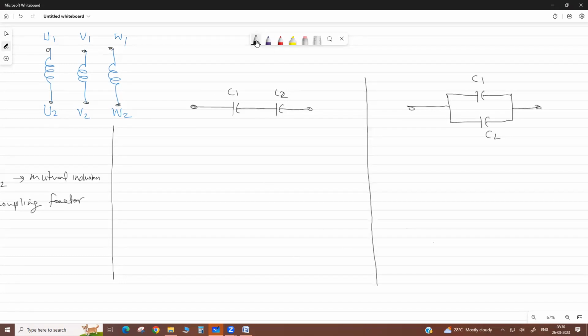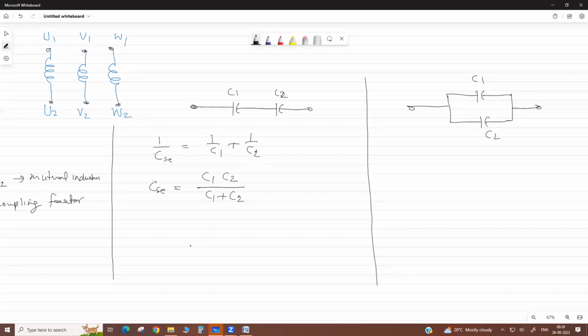So now, in case of capacitor, it is opposite to resistance. Sorry, total capacitance. Total equivalent capacitance in series is like a parallel: 1 by C1 plus 1 by C2, or C_S equals C1 C2 by C1 plus C2.